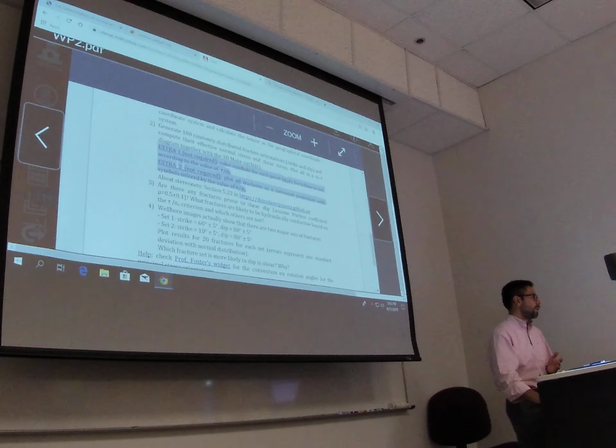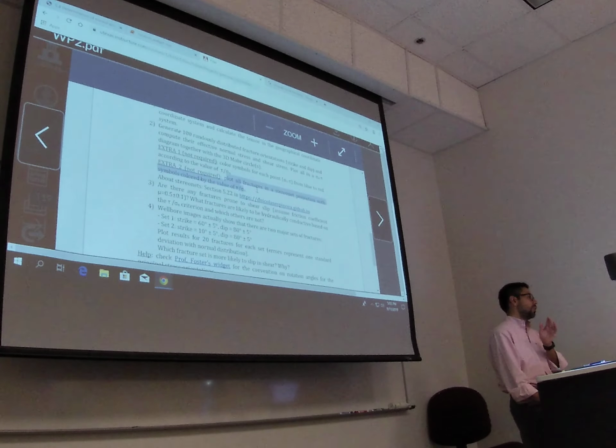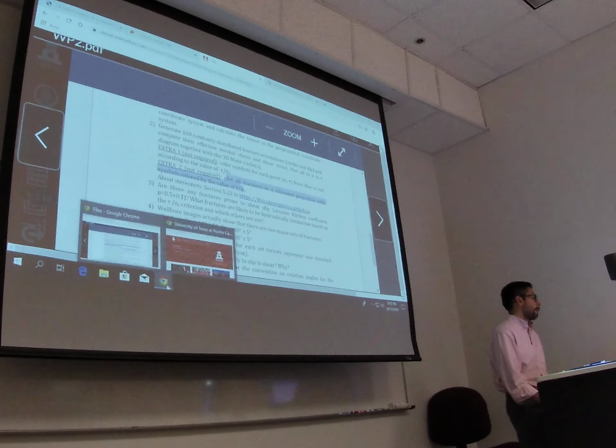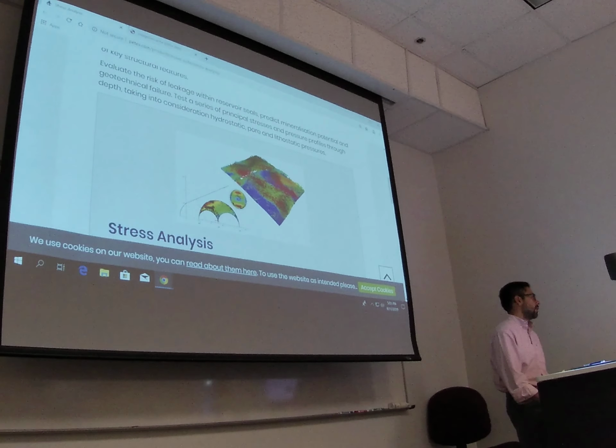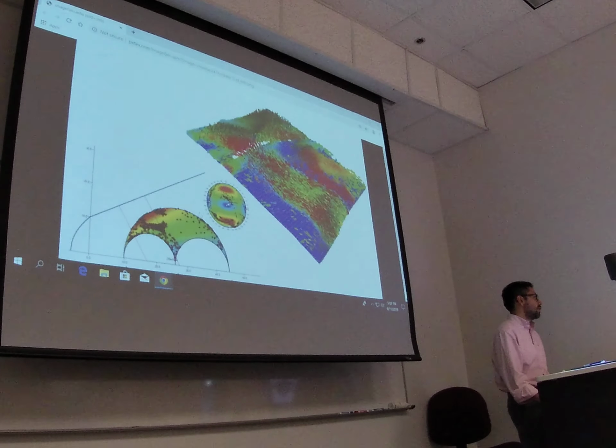So that would be the first one, that you add color to that 3D Mohr circle, and the second one is that you use a stereonet projection and you do what has been done in this example, which is to color.